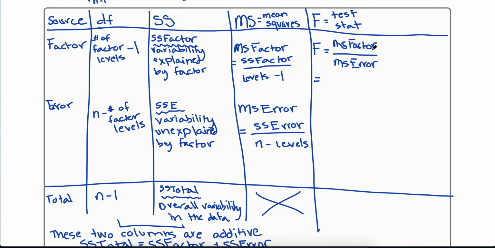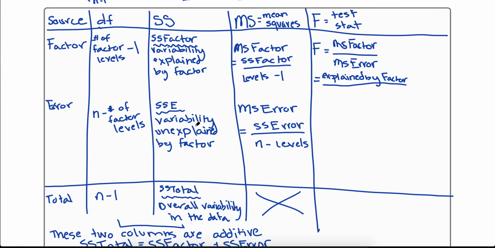Remember, the factor is telling us how much variability is explained by our variable, by our factor. So, explained by the factor. And our denominator, the error, is saying, hey, even though I'm looking within a certain factor level, there's still differences I cannot explain.